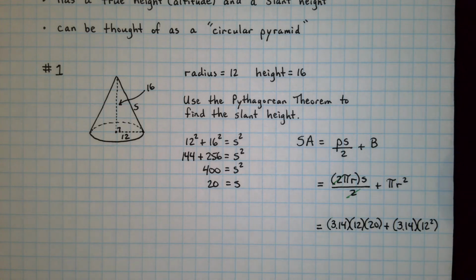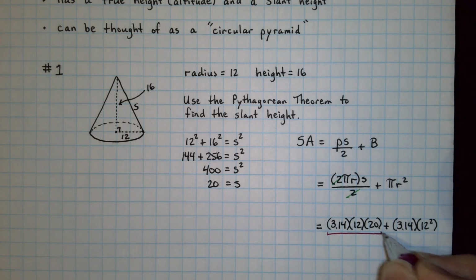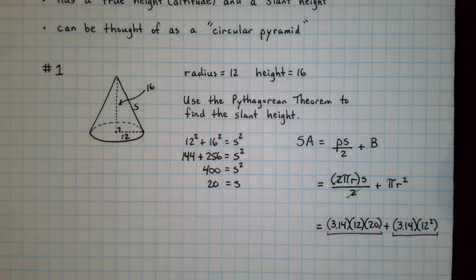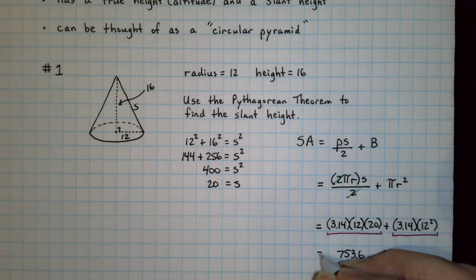Now, I always encourage you to make sure you don't mess up on the order of operations. So you want to do those things first before you add. 3.14 times 12 times 20 is 753.6.